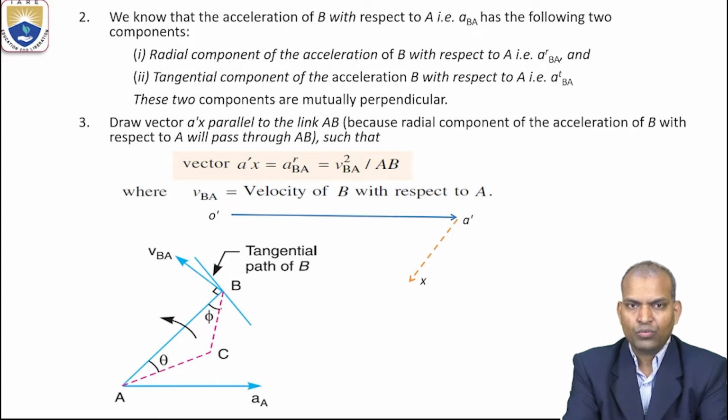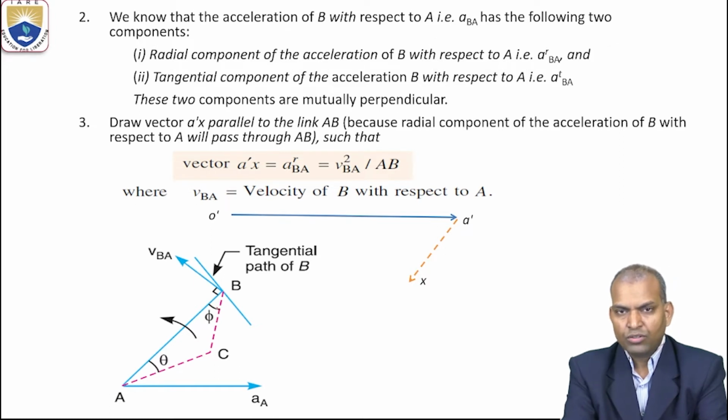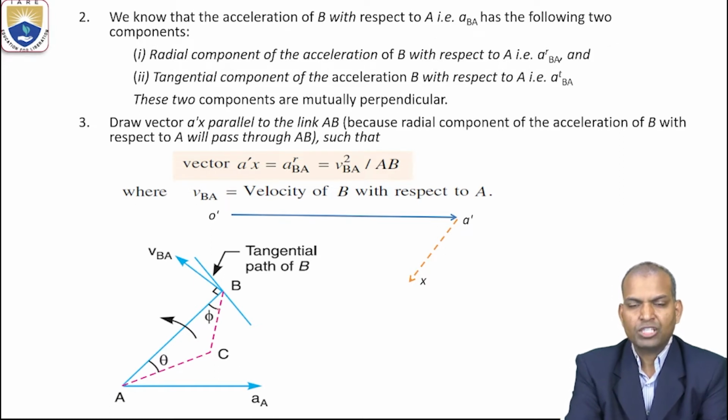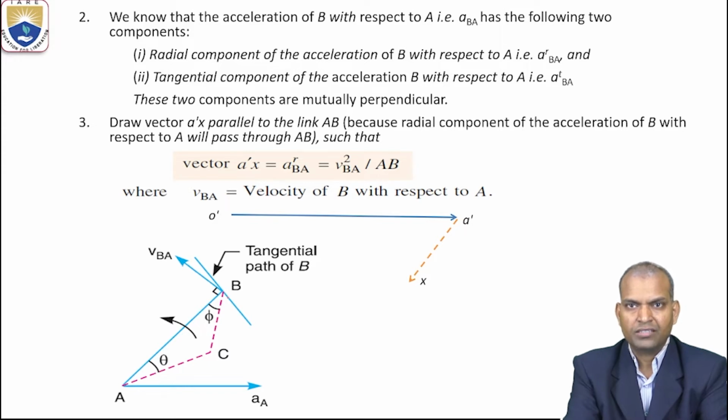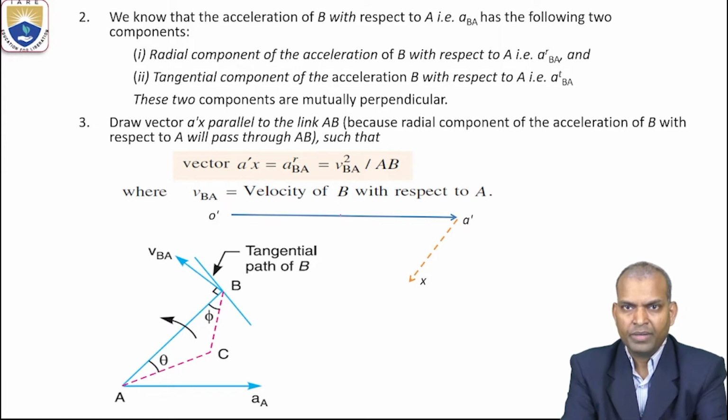It is V squared BA by AB, where VBA is the velocity of B with respect to A. We should already know the velocity values of each link, the velocity components, and only then can we draw this.